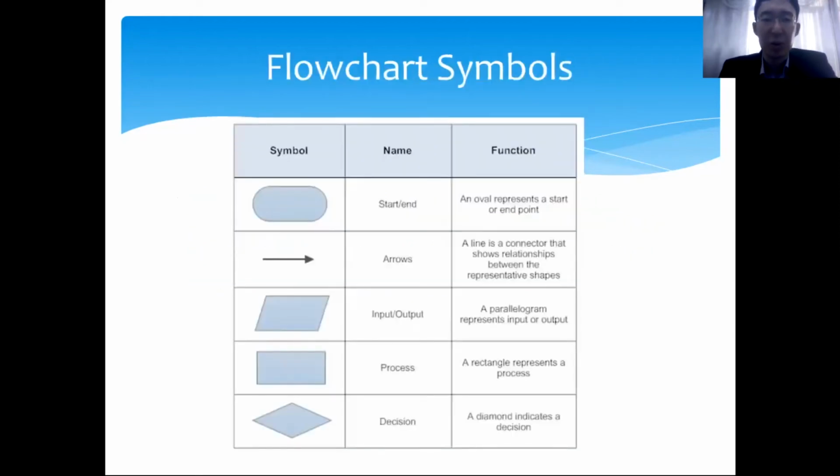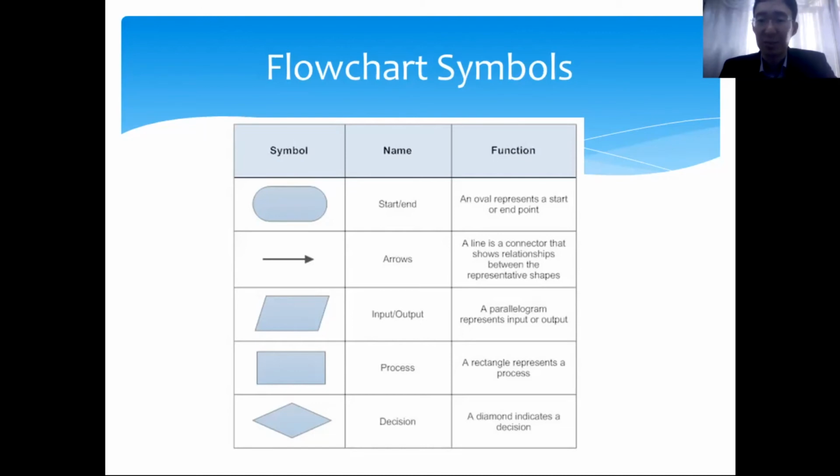But before that, we should cover all the symbols that are used in the flowchart. These symbols are quite broad. They can be used in the technology of services, in the technology of production, or in IT technologies, etc. So here we have basic symbols that are used broadly everywhere. We have an oval symbol, which represents the start and the end.